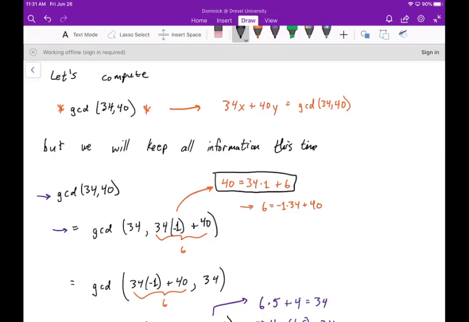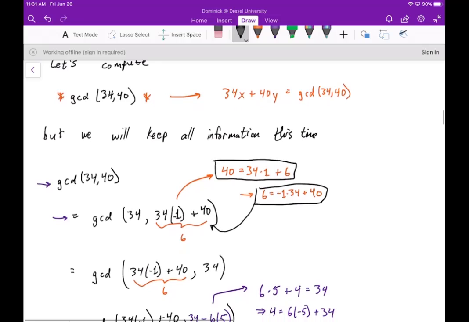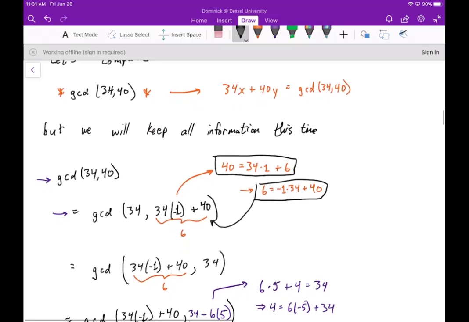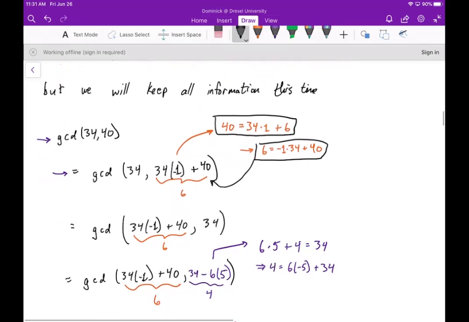Now solving for 6, I can write that as -1 times 34 plus 40, and that's what's coming here. So I'm still writing 6 as a linear combination of 34 and 40. Now, in the next step, we would switch this 6 and the 34.